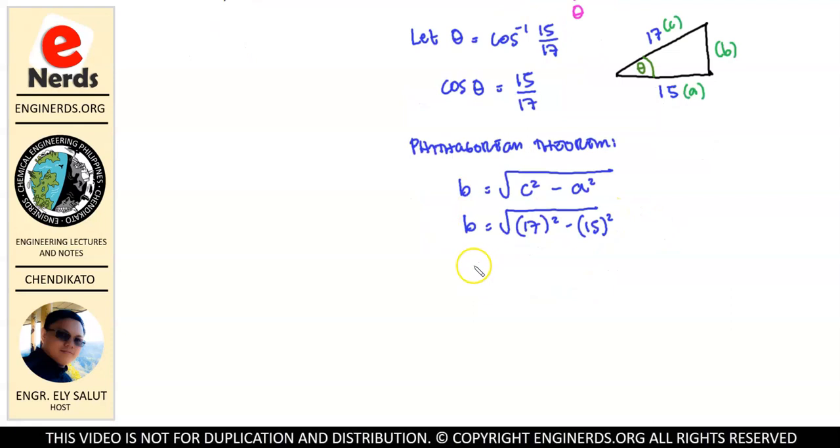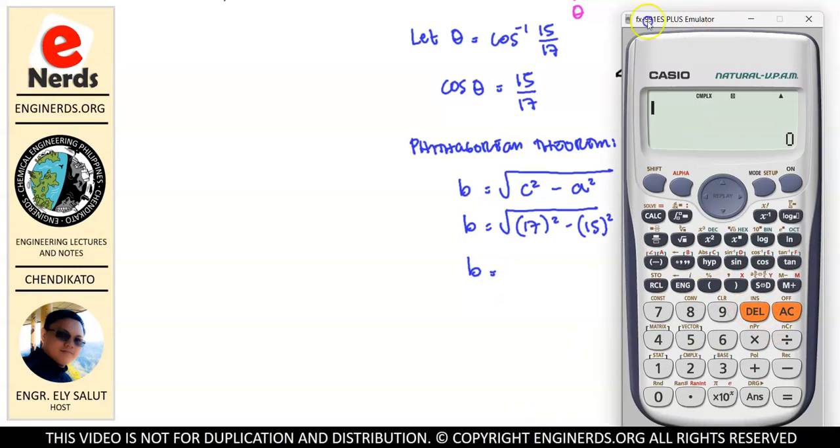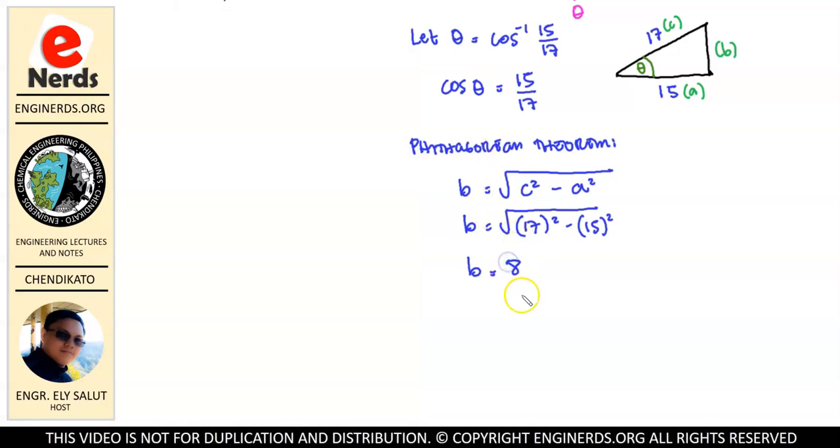So we can calculate for the value of b. So let us use our calculator again. So lagay na natin dito sa left side. So we have 17 squared minus 15 squared. Okay, so let's take the square root of that. So our answer for b is equal to 8.